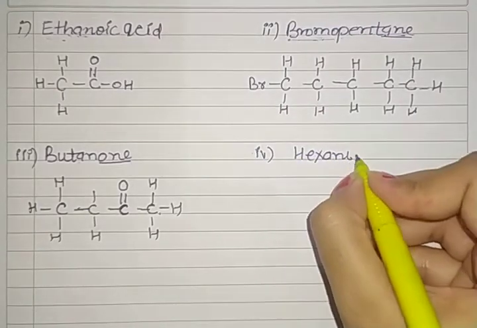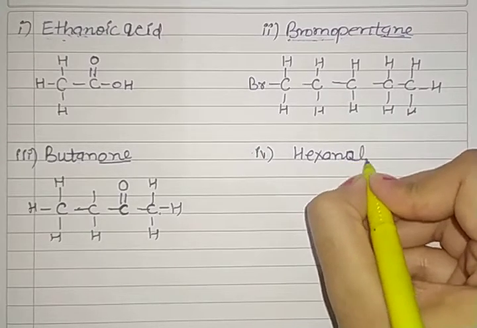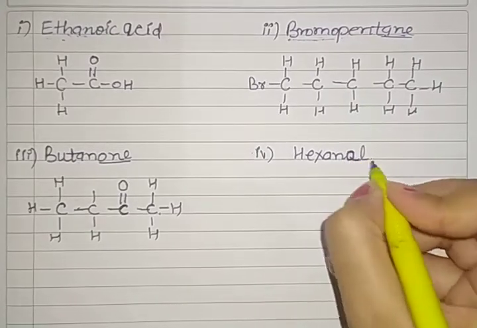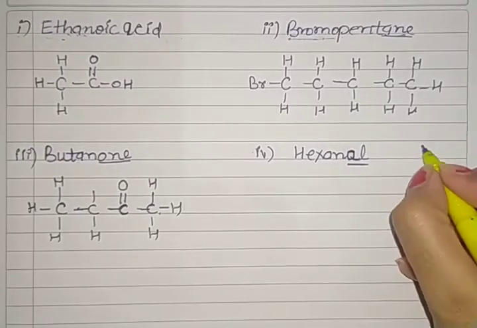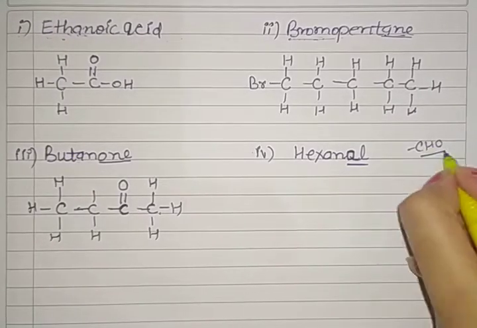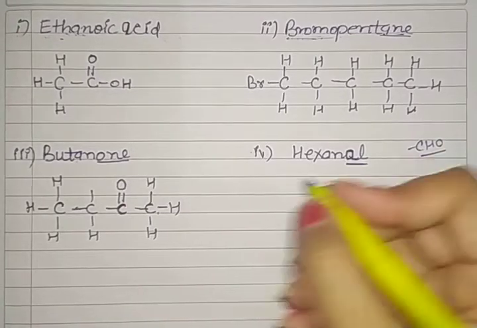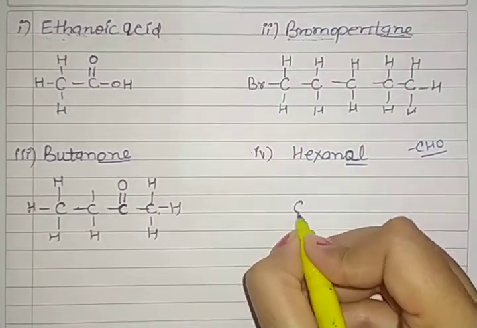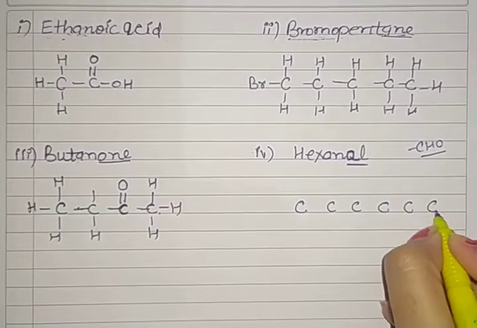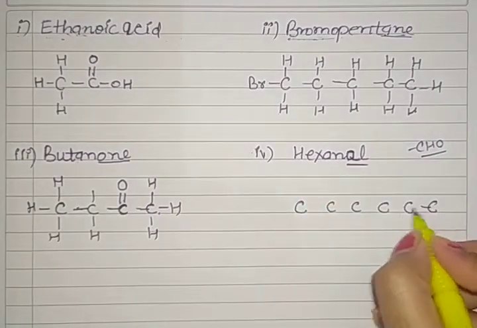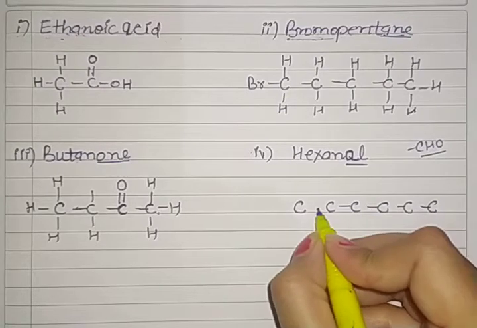Clear? Next, the fourth example is hexanal. Hexa. Now here it is not ol, here it is al. That means we have to add the aldehyde functional group. The functional group is CHO. So for hex, first we write 6 carbons, 1, 2, 3, 4, 5 and 6. Ane is present, which means everywhere is a single bond.